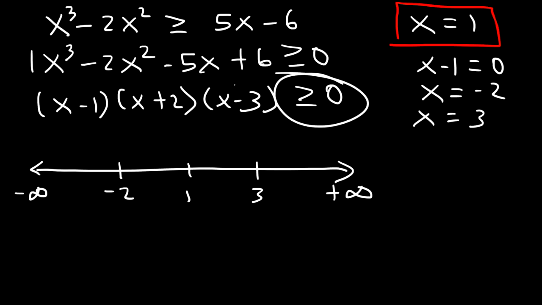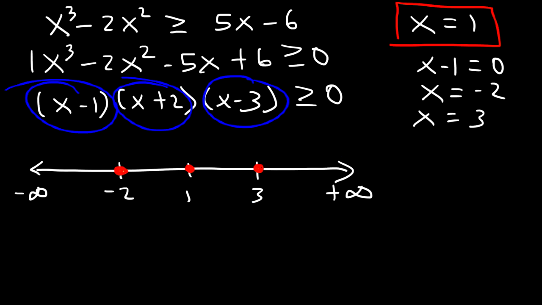Now those points are included because it can be greater than or equal to 0. So let's draw a closed circle. And we need to find the areas where it's positive. So let's start with a number that's greater than 3. Let's try 4. So 4 minus 3 is positive, 4 plus 2 is positive, 4 minus 1 is positive.